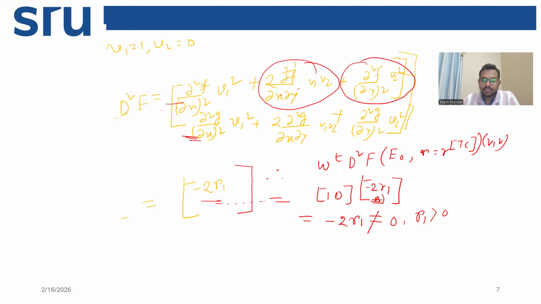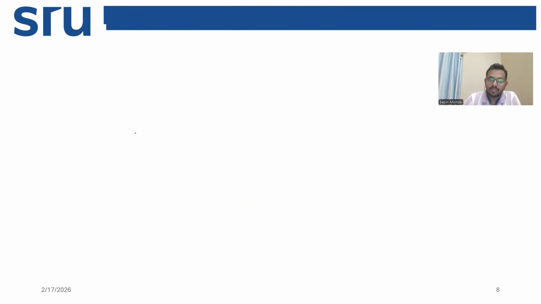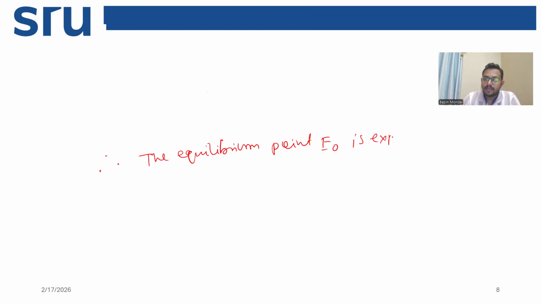So by Sotomayor theorem we can say that the equilibrium point E0 experiences a transcritical bifurcation with respect to parameter r at r equal to rtc, or it is known as r0.